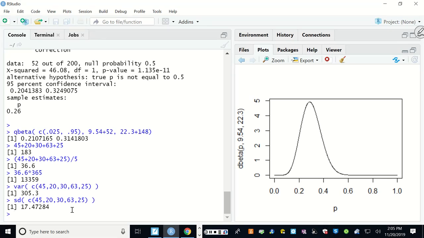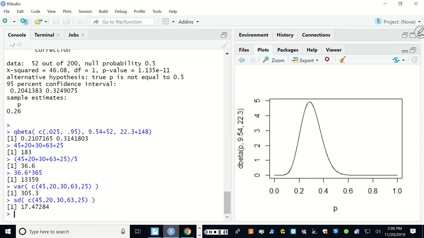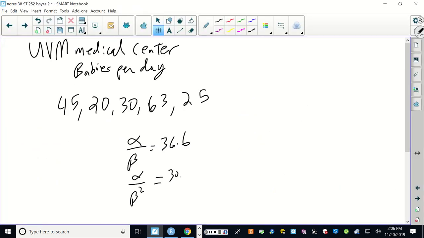So alpha over beta is about 36.6, if these things are our prior observations, and alpha over beta squared as a prior is 305.3. Then this one over this one is beta: 36.6 over 305.3 would be an estimate for beta.